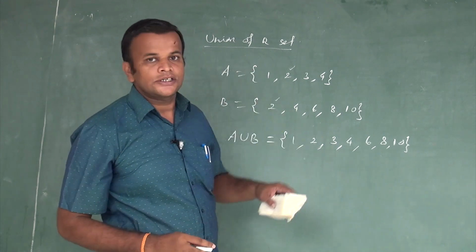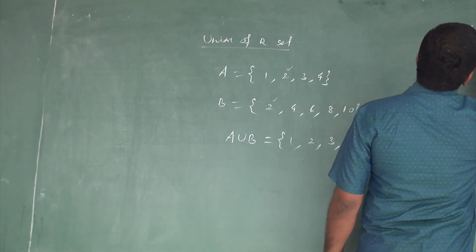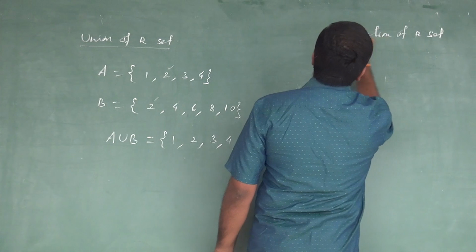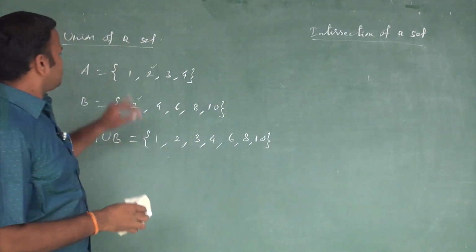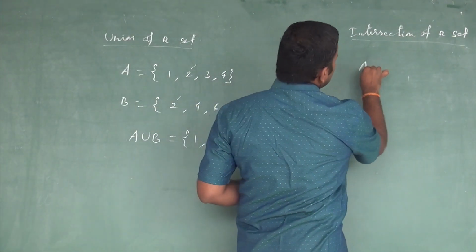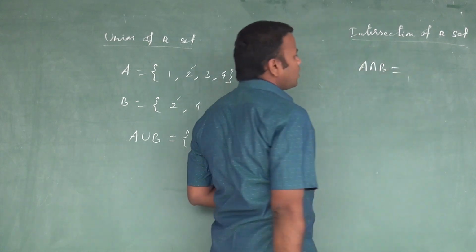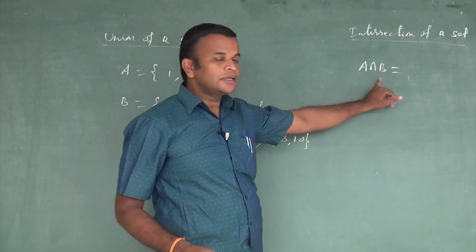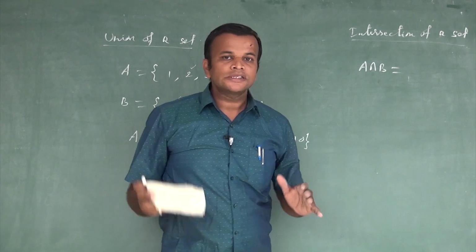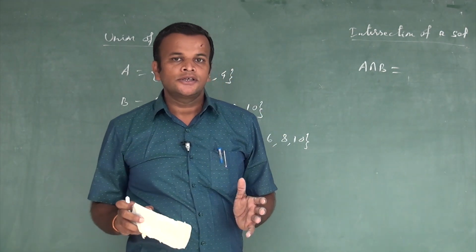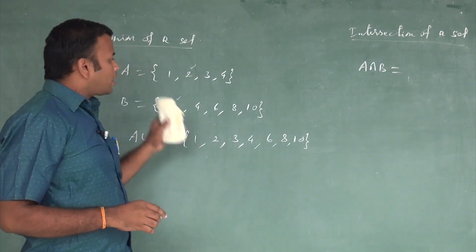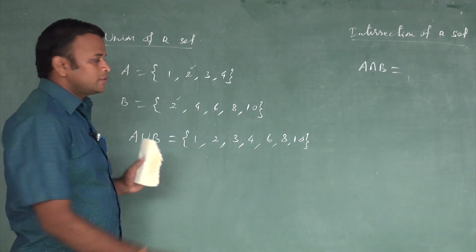Now we come to intersection. I will take the same two sets, A and B. You know the symbol of intersection, and it is read as A intersection B. You know the working rule: intersection means common, so we write the elements which are common in both A and B. What elements are common in A and B?